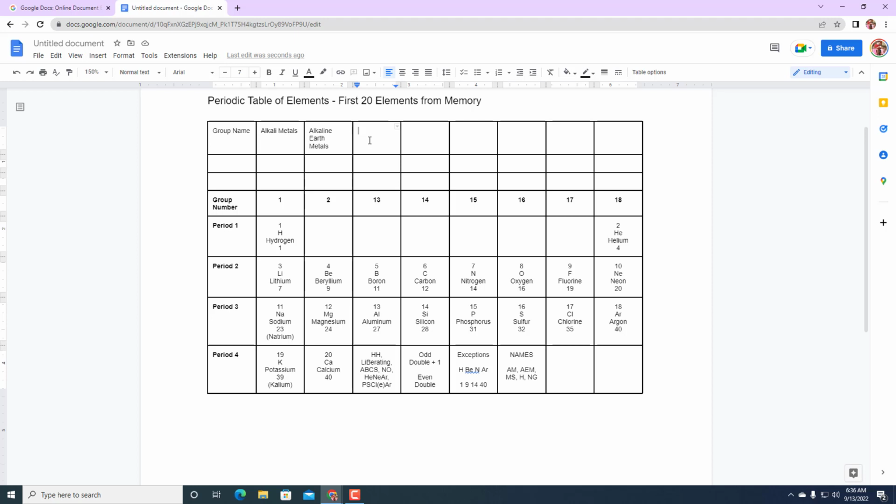I'm going to put the metalloid stairs here because they're going to start here, but generally when you see a periodic table that's colored in with some differences in the different colors, you're going to see stairs with boron and silicon and then some of the other elements that are separating metals on the left from nonmetals on the right. Then we go to halogens, group 17 over here, and then the noble gases are group 18.